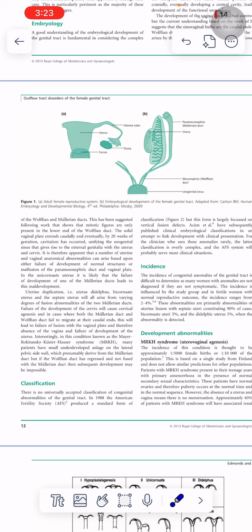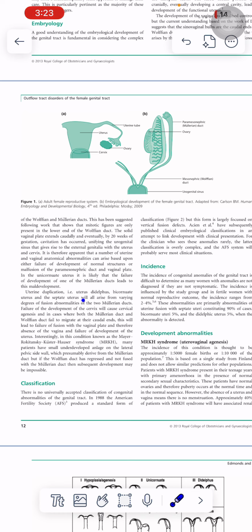In the unicornuate uterus, there is a failure of development of one Mullerian duct, so a single paramesonephric, Mullerian duct is left. It will lead to a unicornuate uterus, a type of uterus in which only half is found, and the rest will be absent.